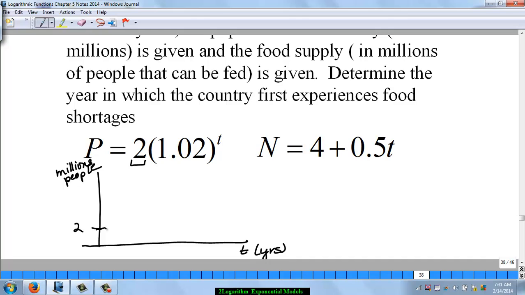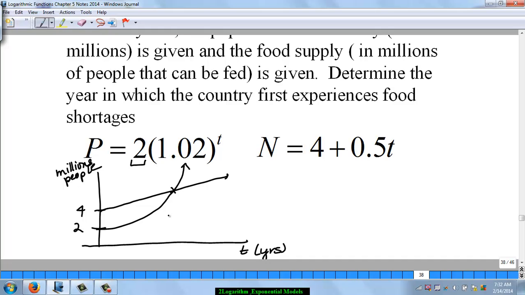Basically, this is what the population is doing, because it's growing 2% per year. This is my food equation, so I can feed 4 million people here, and then it's got a positive slope. It can increase 500,000 people per year, but after a while, you're going to notice right here, right now I have more food than I need, but the population is outgrowing it. So right here is where they're going to start experiencing shortages.